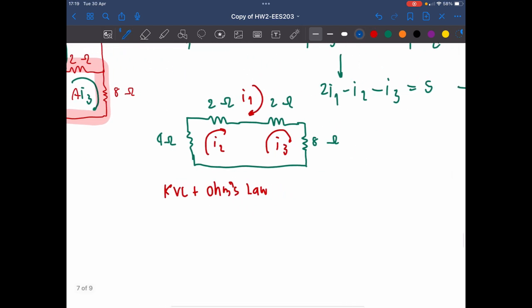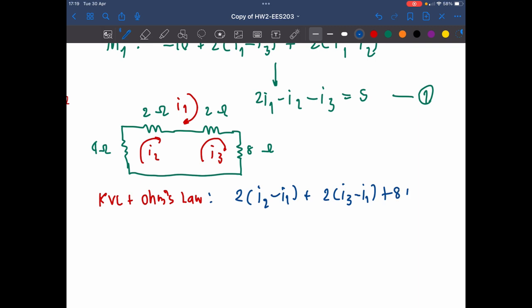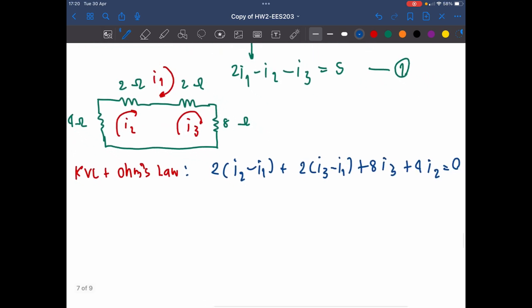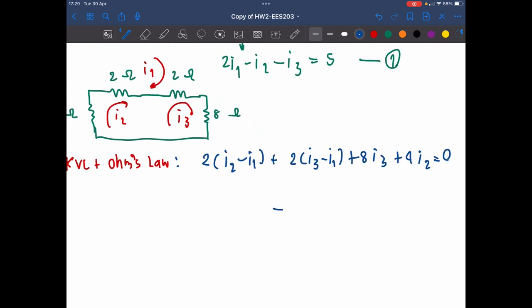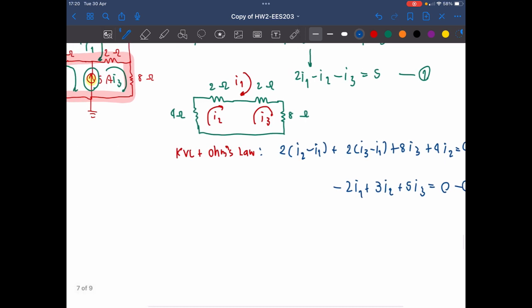In that sense, we would have 2 times I2 minus I1, plus 2 times I3 minus I1, plus 8 times I3, and plus 4 times I2. Now this will resolve to minus 2I1 plus 3I2 plus 5I3 equals 0. This is the second equation.